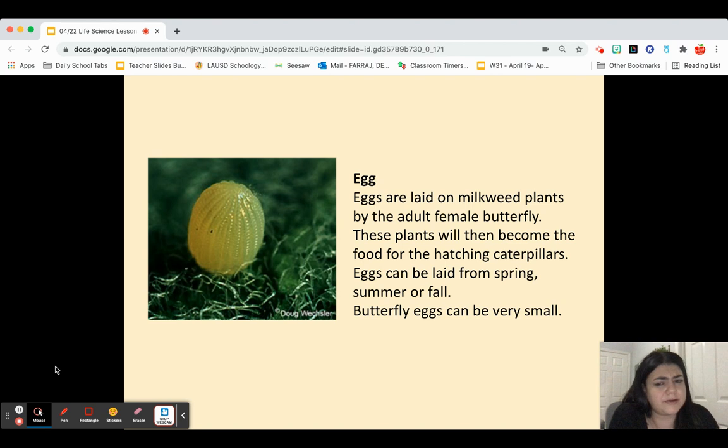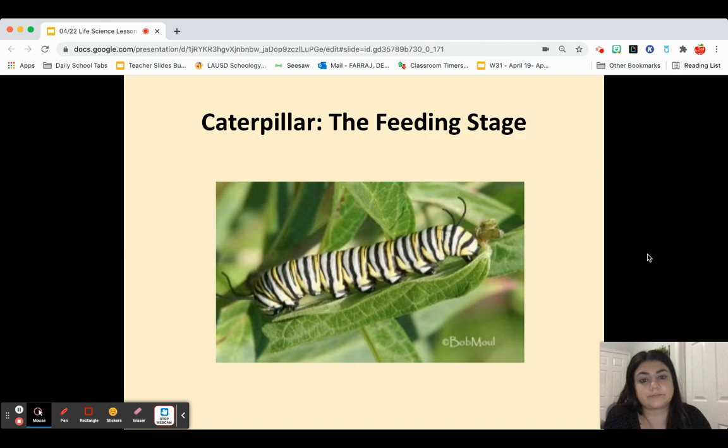Do they eat hamburgers, hot dogs, Taco Bell, In-N-Out? No, they are herbivores. They feed on plants, right? So these milkweed plants will become the food for the hatching caterpillars. The eggs can be laid from spring, summer, or fall. Butterfly eggs can be very, very tiny.